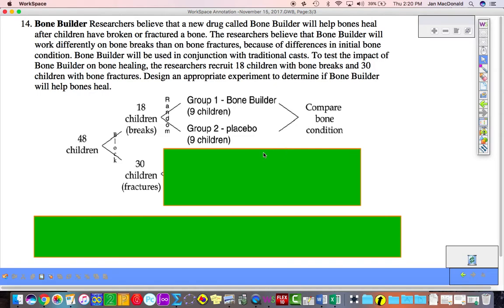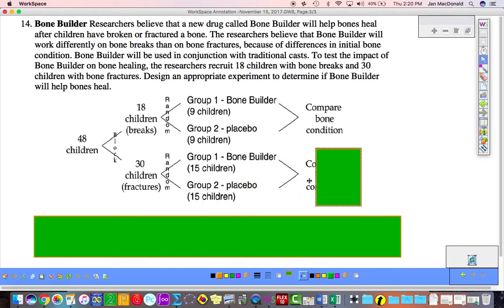Then, at the end of whatever time they deem appropriate to take off the cast, they're going to compare the bone condition.